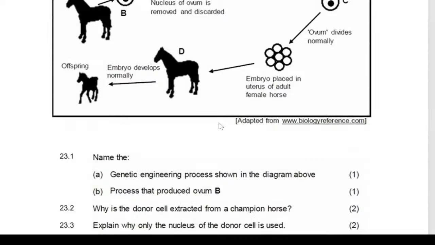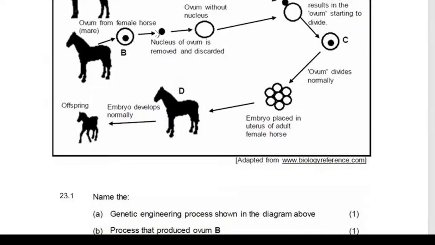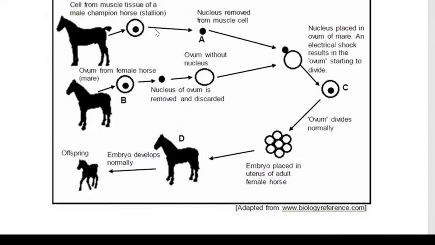It's a general question. I think it's adult cell. Adult cell? They are looking for the process. Look, they say this is an ovum. Let's analyze it together. They say that an ovum from the female horse, meaning that this is an ovum.